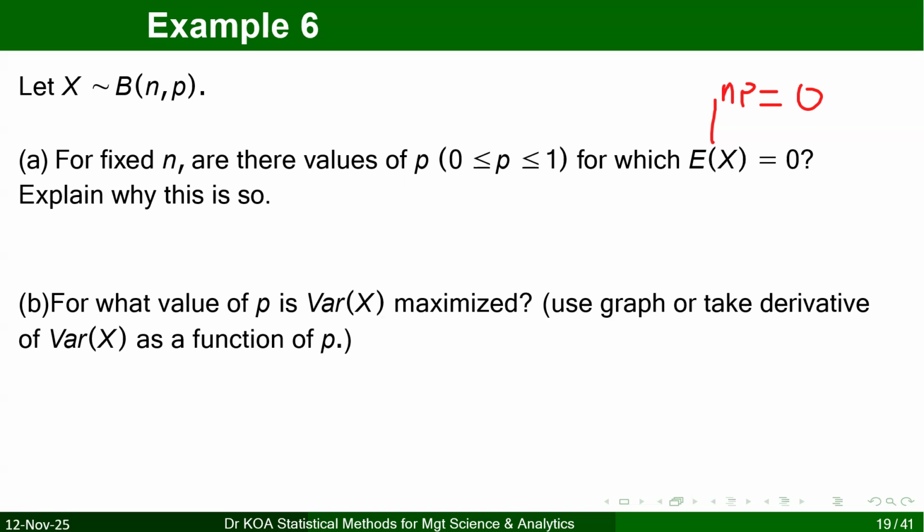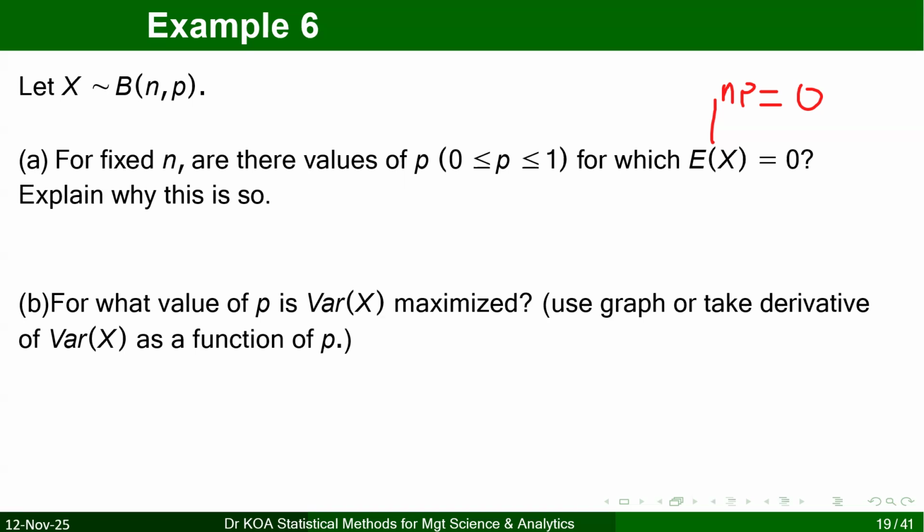So the question of whether or not there are values of p for which this is 0? Yes, there are. There are values of p for which the expected value of x is equal to 0, and that is when x is equal to 0.